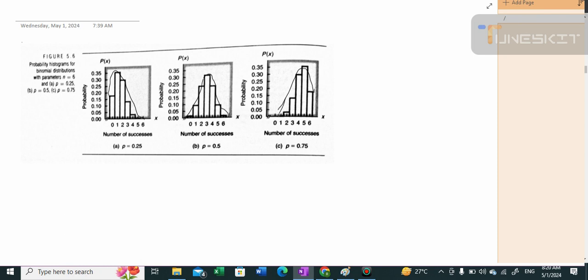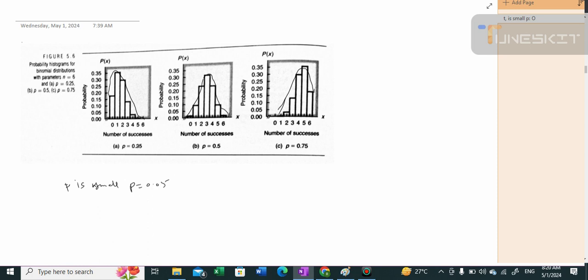So what we understand on the basis of these three examples for the three given probabilities, if p is small, let's take it as 0.05, we expect an extremely positively skewed distribution.